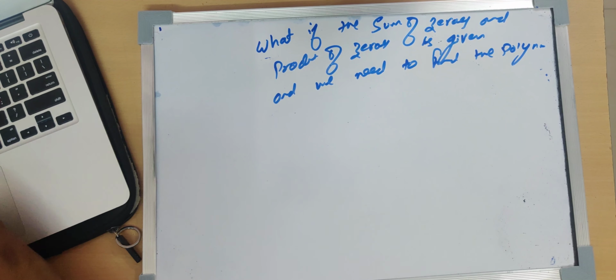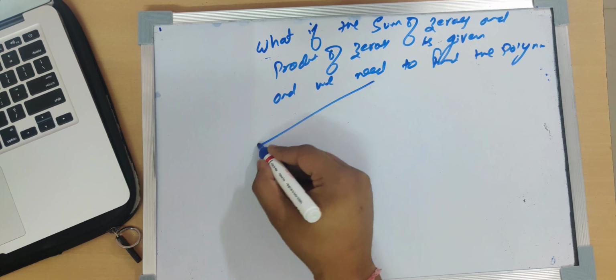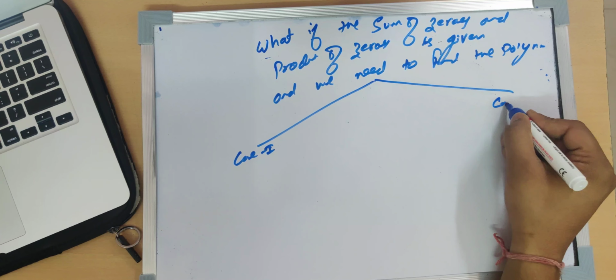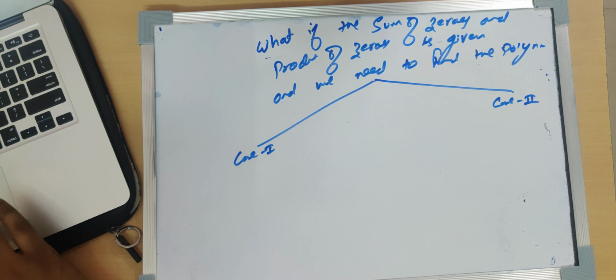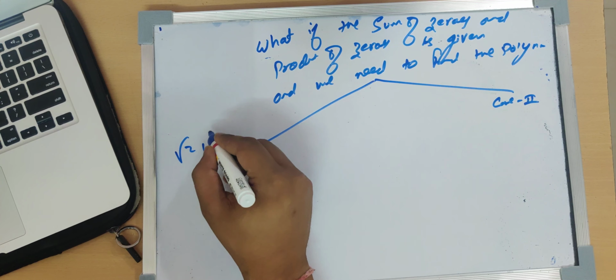So we'll do this with two cases. We have case 1 and case 2. We have two methods of doing this question. For case 1, we are taking an example. We will take the example root 2 and 1 by 3.